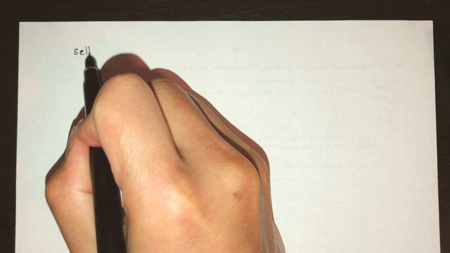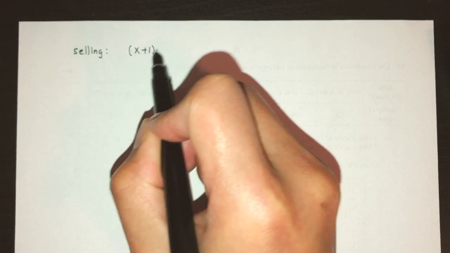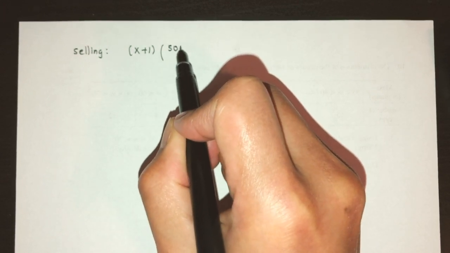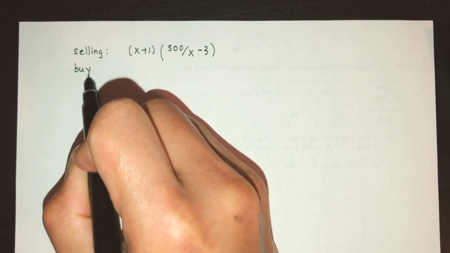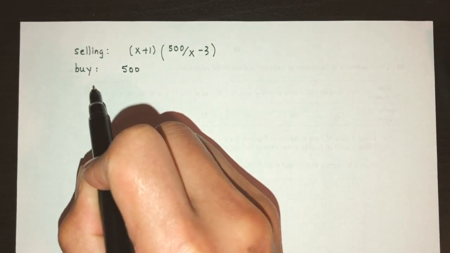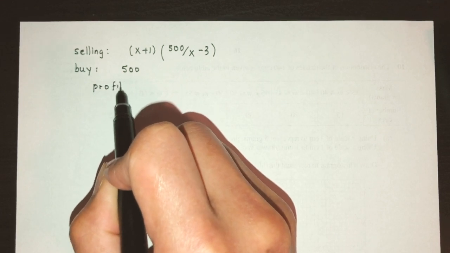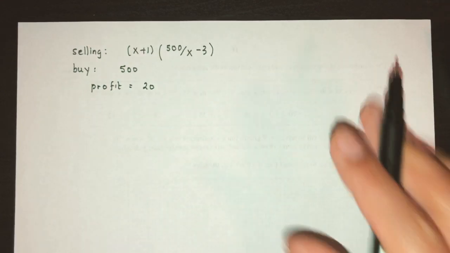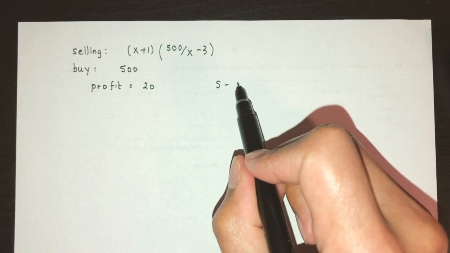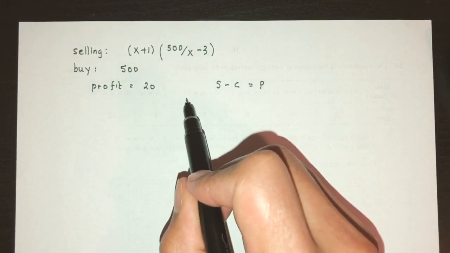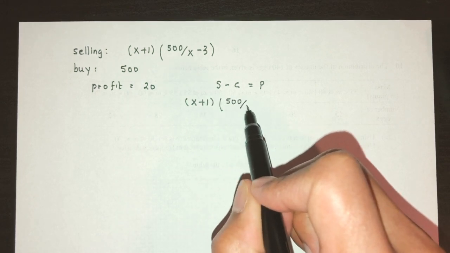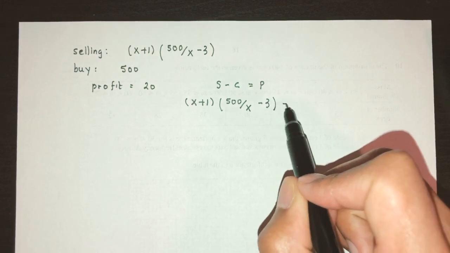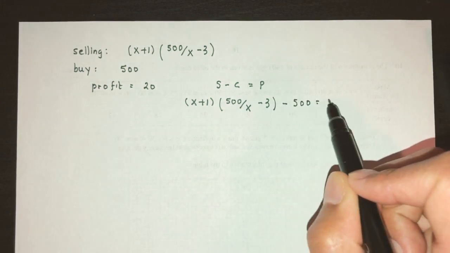So selling revenue was x plus 1 times 500 over x minus 3. Now buying was $500. So profit, it says it made $20. So how do you find profit? It is selling price minus costs to get profit. That will be x plus 1 times 500 over x minus 3 minus cost, it is 500, equal to profit.